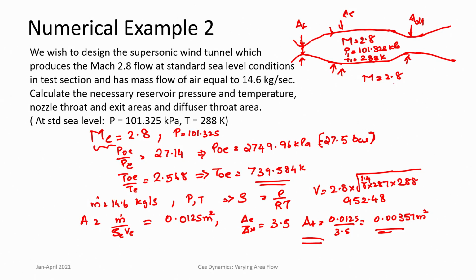So, for Mach number equal to 2.8, if there is a normal shock, P naught 2 by P naught 1 across the normal shock is 0.3895, and we use the fact that P naught 1 at the nozzle throat is P naught 2 multiplied by the diffuser throat. So, diffuser throat is nozzle throat divided by P naught 2 by P naught 1. So, this is known.